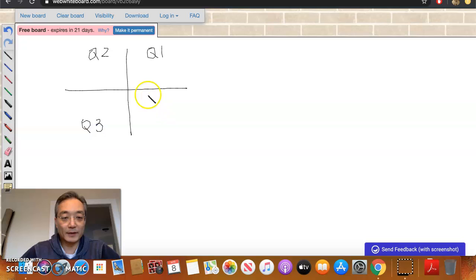We've looked at the reference angles for those three quadrants, and then in the fourth quadrant, Q4, if we have an angle in the fourth quadrant, the angle is formed by the initial side, which is always on the positive x-axis, centered at the origin, and the terminal side, which is in the quadrant. So this is a fourth quadrant angle, Q4.